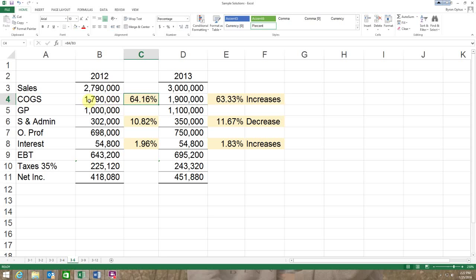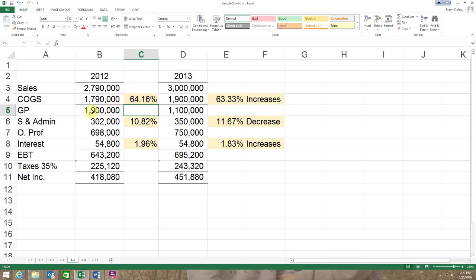So my cost of goods sold is, if I'm selling widgets, what it costs me to get the widgets, and what percent is this of my sales. So I can get a percentage for my cost of goods sold, and that's simply equal to my COGS divided by my sales. Okay, so 64.16. Again, turn that into a percent if you would. It would look better.